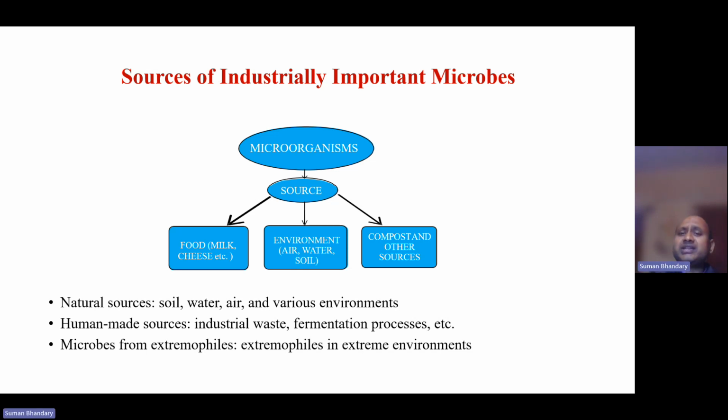This technology has been used for the development of genetically modified microorganisms, mainly for specific industrial processes. Not only that, in medical as well as clinical samples, some pathogenic bacteria are now used in the production of vaccines, and some yeasts and molds are used for the production of antibiotics as well as pharmaceuticals.